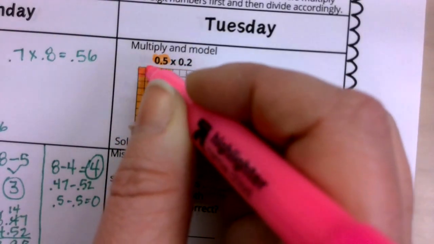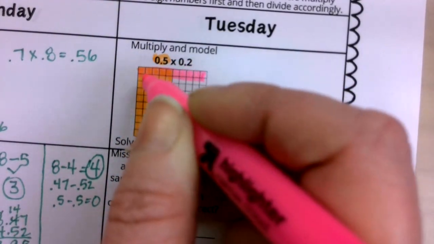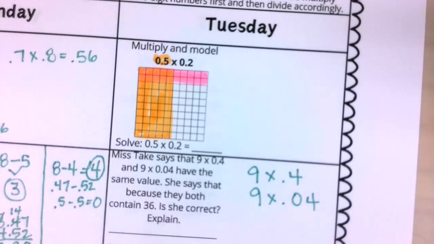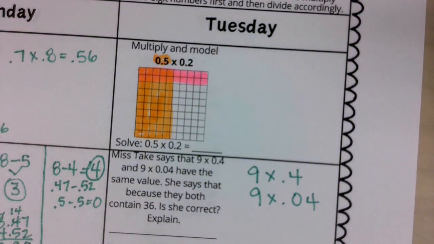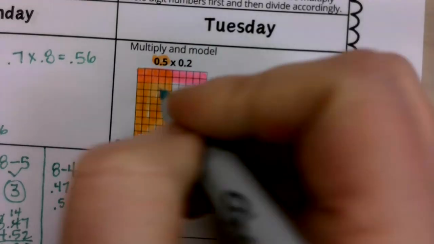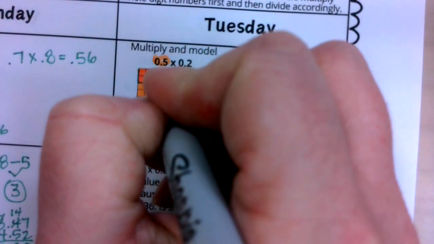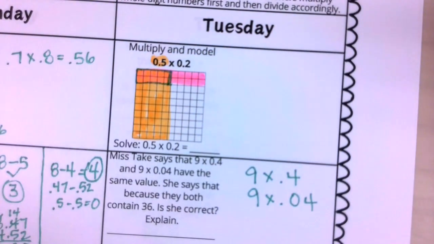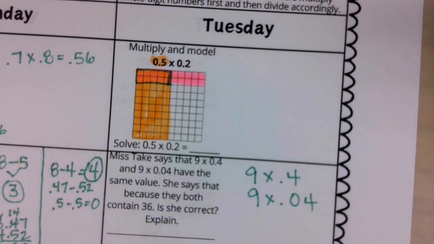Now I'm going to highlight 2 tenths by highlighting 2 of the 10 rows. Now, where I see overlap between the purple and the orange, and I have this very bright color, this is where my answer is, right? That is what we see when we look at multiplying decimals.